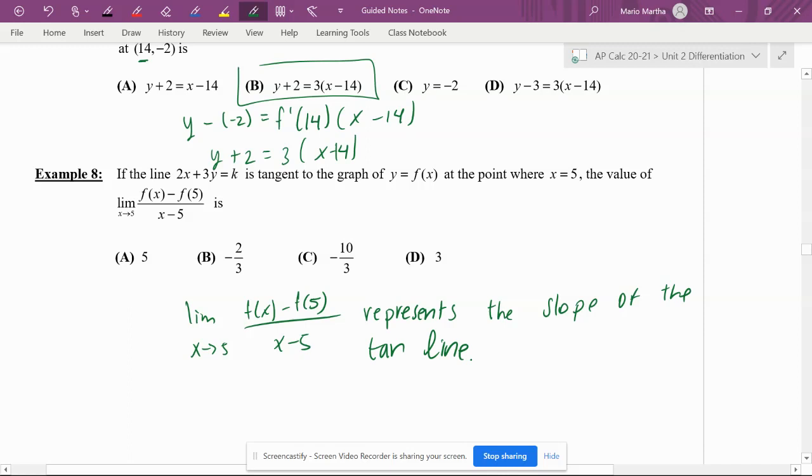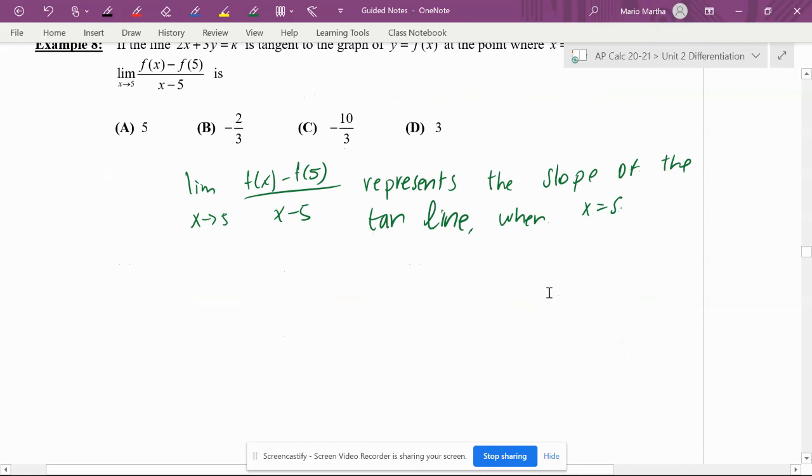All right. And then x equals 5 in this case. That's important as well. And then the next part of the information, that line is represented by 2x plus 3y equals k. So this is the slope, and then this is kind of like f of x. So we solve for y here. Subtract 2x from both sides. You're going to get 3y equals negative 2x plus k.